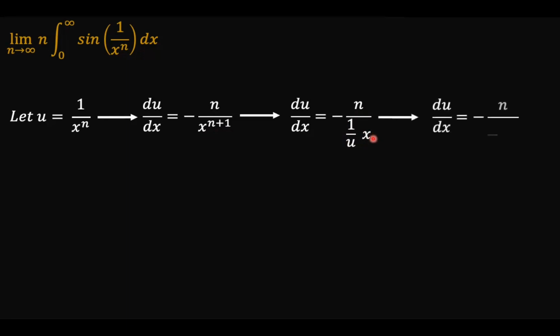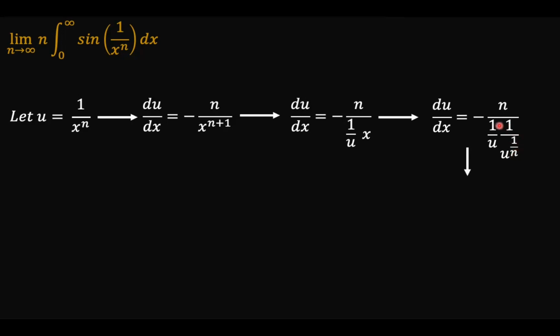So we can now take that du/dx is negative n over 1 over u, and the nth root is expressed as 1 over n. So we have the product of 1 over u and 1 over u to the power 1 over n.